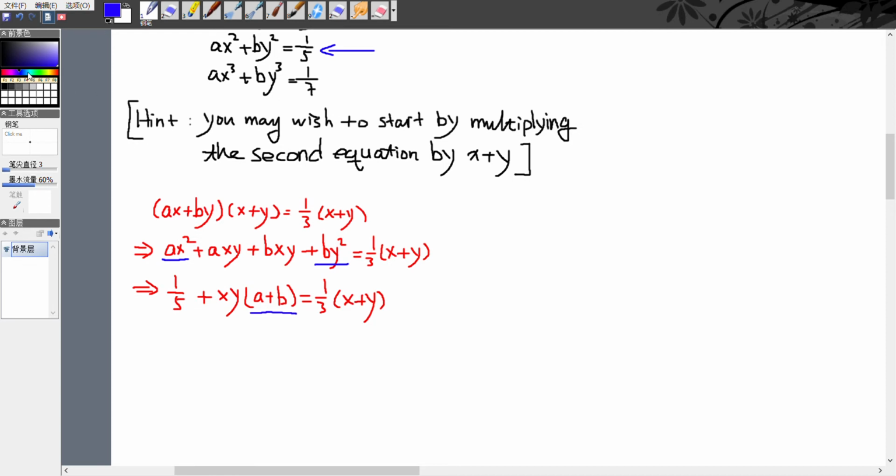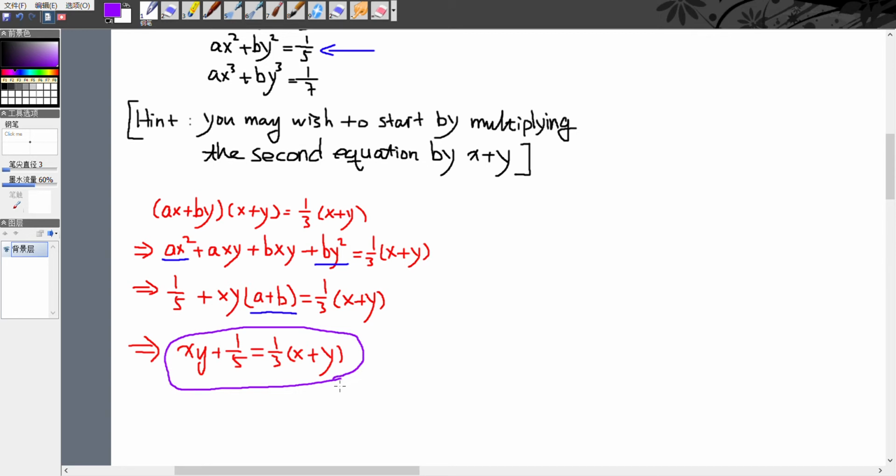So we will just end up with xy plus 1 over 5 equals 1 over 3 times x plus y. So this is the equation we'll get after we take the hint.